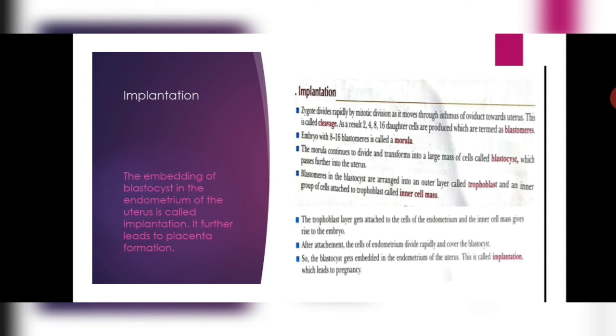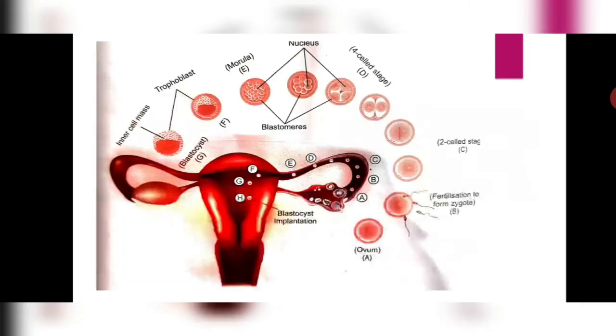After the implantation, further the trophoblast and the endometrial lining will lead to the formation of placenta. As you can see in this diagram, there was an ovum, then the fertilization occurred to form a zygote, then 2-cell stage, 4-cell stage, then various blastomeres are developing, morula is formed.